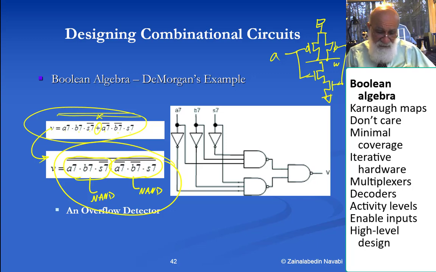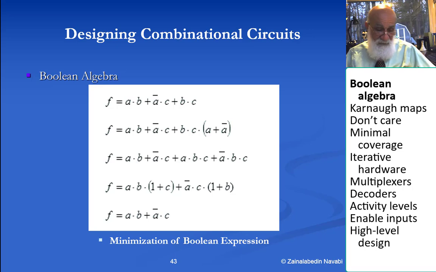So this circuit on the right hand side is the circuit implementing this V output. And there are other examples where you can use De Morgan's to reduce the number of inverters, or to turn an expression into some other form to reduce the delay or something like that.